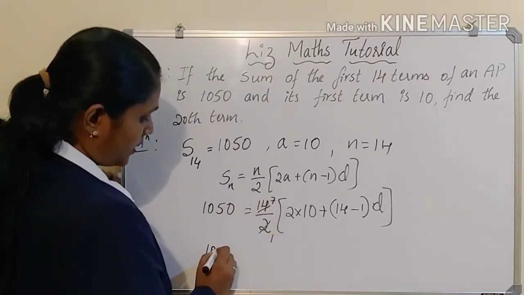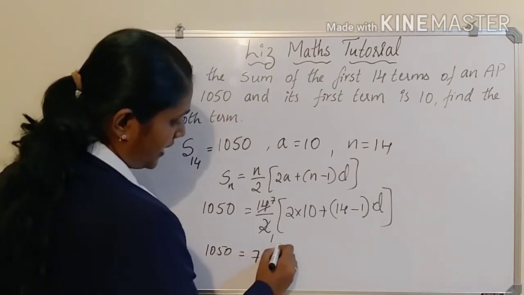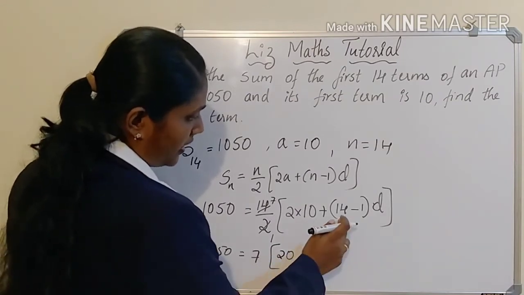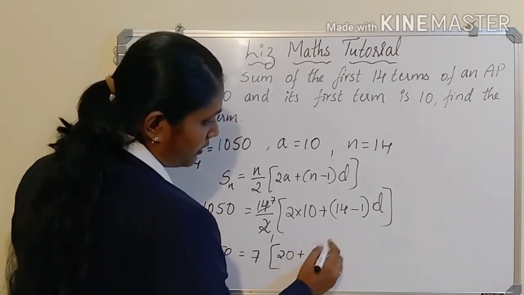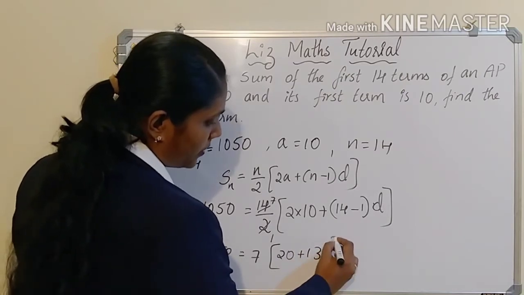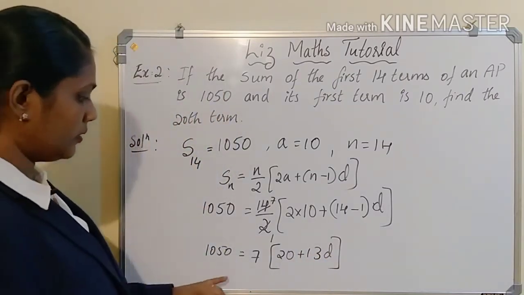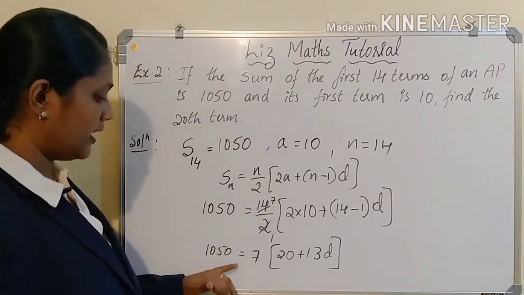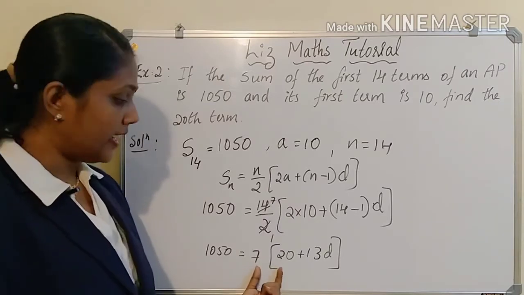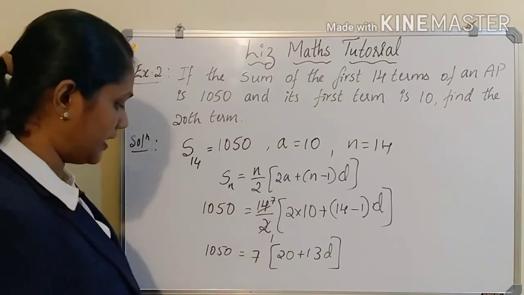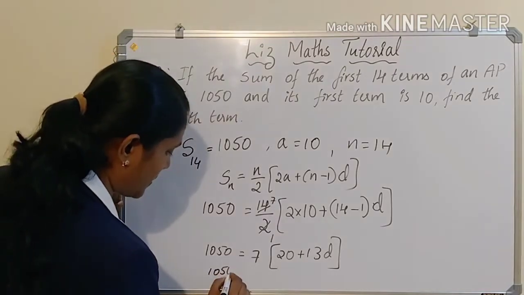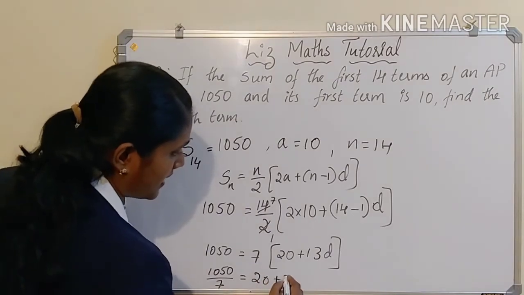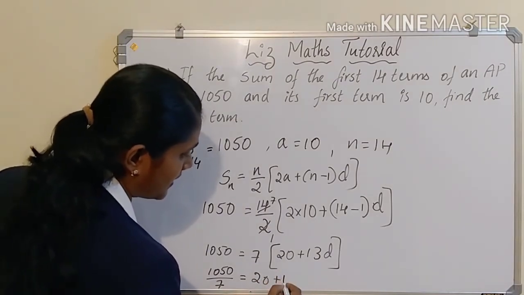So your 1050 is equal to 7 into, inside the bracket, 2 into 10 is 20, plus 13 d. 14 minus 1 is 13. Now go for taking this 7 to this side. When it comes here, it is multiplied, and when it comes over, you will get it divided, isn't it? 1050 divided by 7 is equal to 20 plus 13 d.